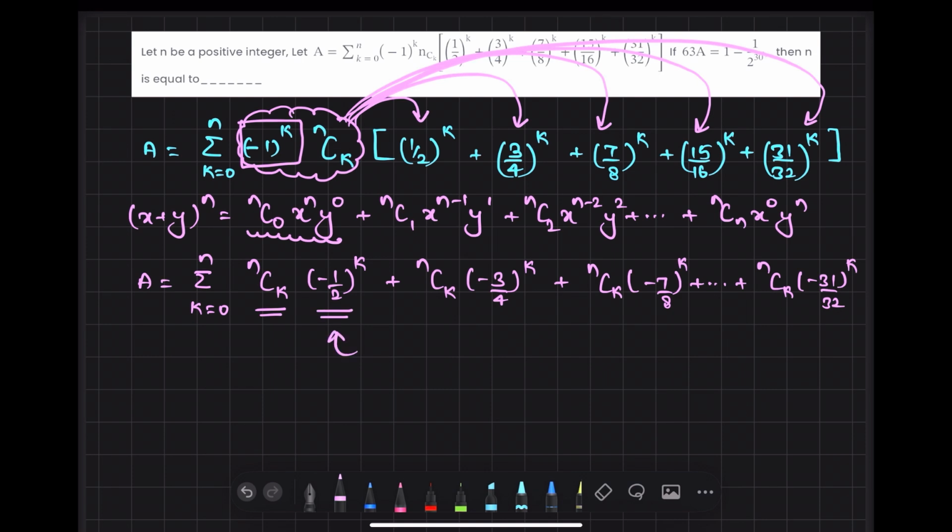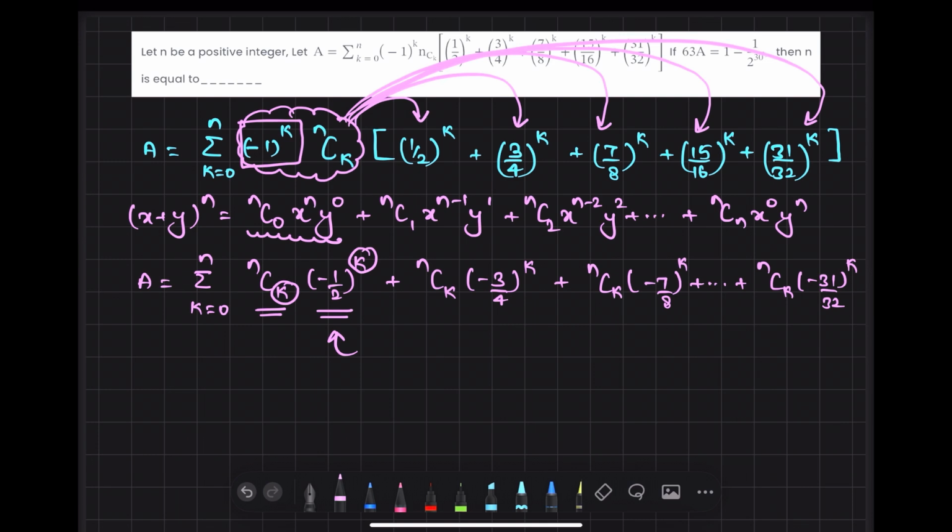Now try to recall who is this person, whether this person is x or this person is y. So observe the power and the lower subscript of c. Don't you think the next person is going to become y? Correct or wrong? So who is your first person, that is x? Can I say that x is no one but it is 1?